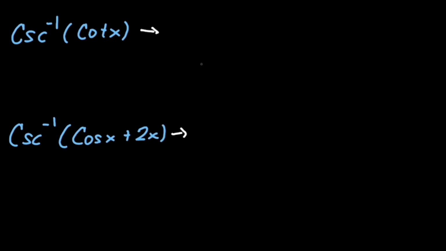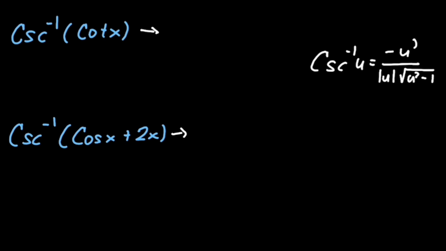Let's continue with the derivatives of arccosecant of u. The formula for this will be arccosecant of u will be negative u prime divided by the absolute value of u multiplied by the square root of u squared minus 1. Let's start with this. Let u here be cotangent of x. Now the derivative of cotangent of x is negative cosecant squared of x.